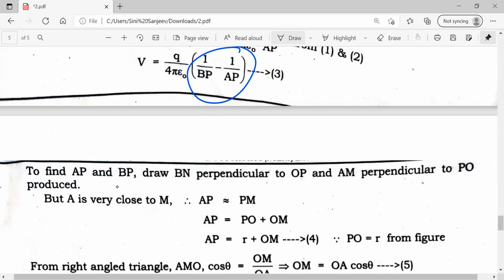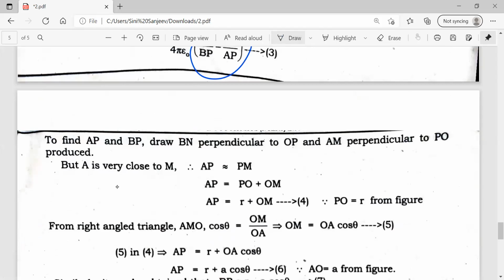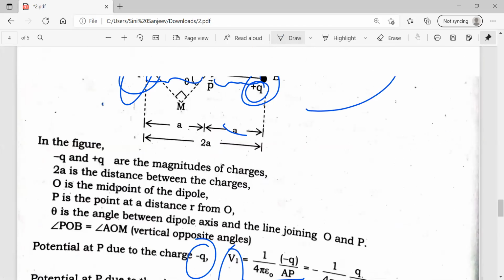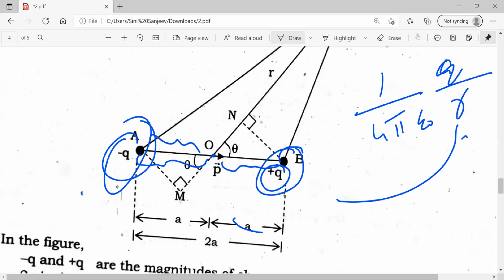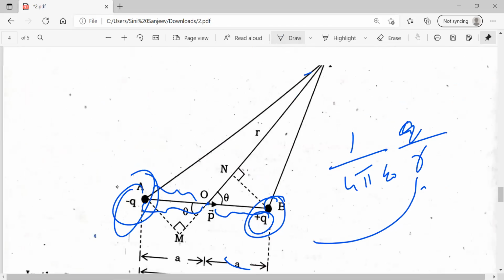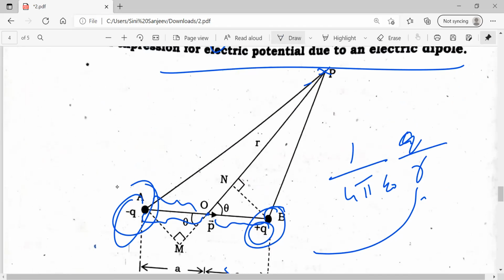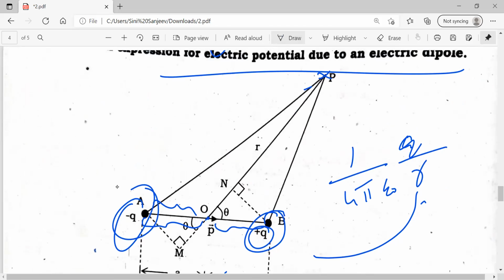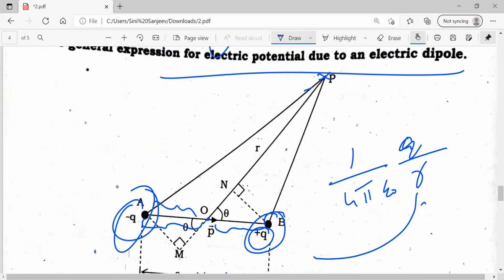Now coming to our, I told you that we have to take some cos theta and everything. Correct? Now we can see here my AP, or else if I want to take cos theta from this, what is it basically?